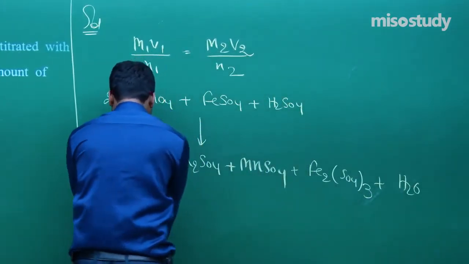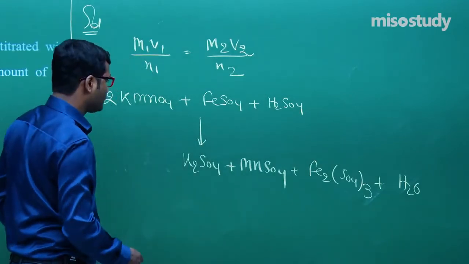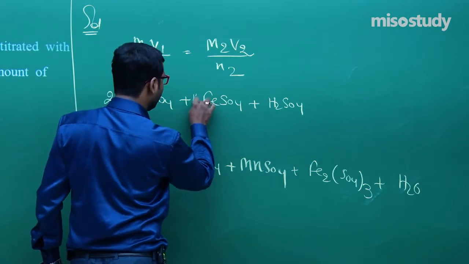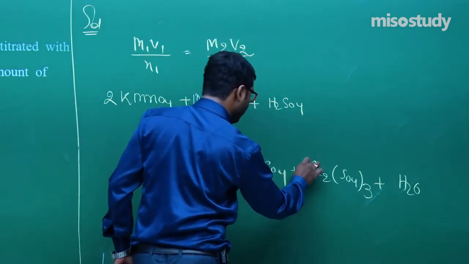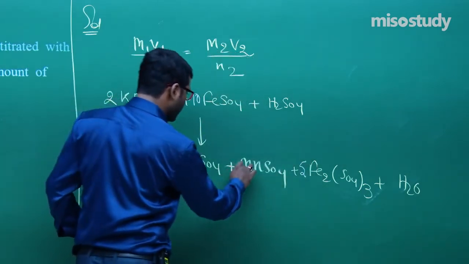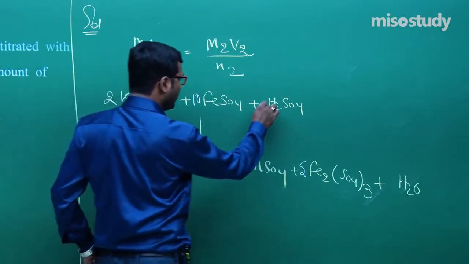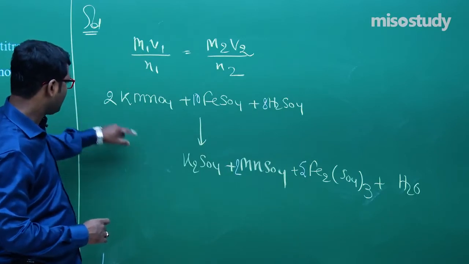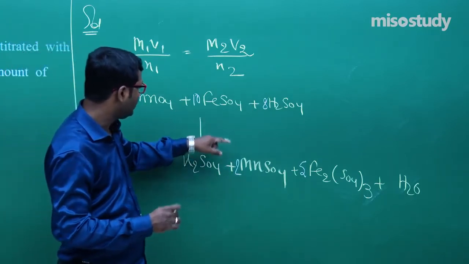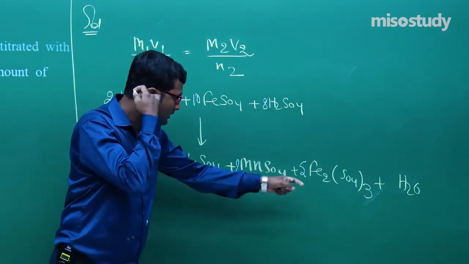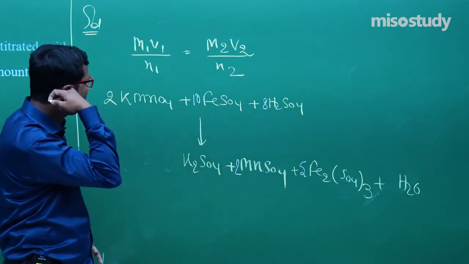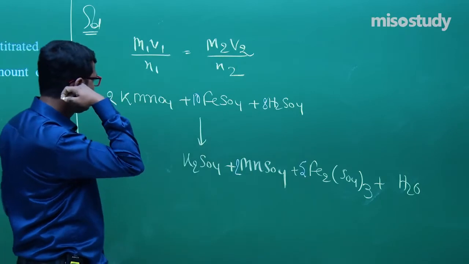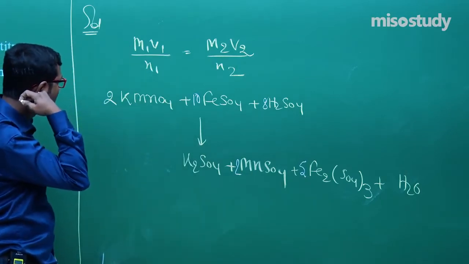Now wait for a moment. Now H2O, clear? Now balance the reaction. Here put 10 here, and put 5 here. K2SO4, put 2 here, MnSO4, put 8 H2SO4. Now count K2, 2 times. Sulfate here 10 times, sulfate here 5 times 3 is 15, and 10, 8, that is 18 times. Now what is oxygen?